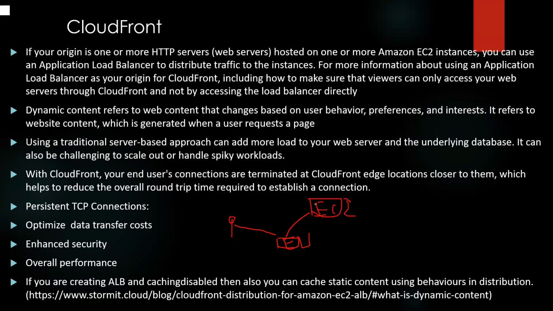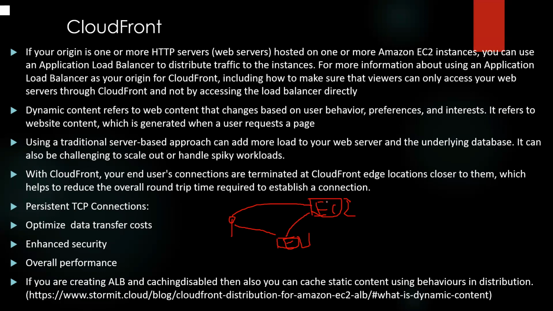That's the first advantage. The second advantage is more security in the network. If your request is traveling directly to the server, there is more risk because you are traveling over the internet, right? Here you are traveling internally within AWS, and I'm sure you cannot beat the security of AWS.